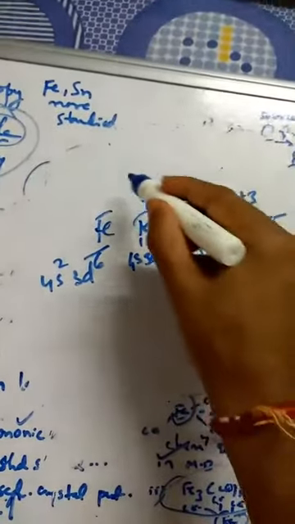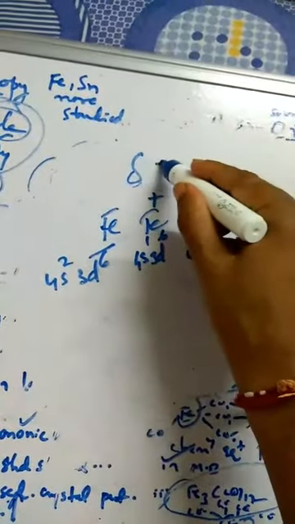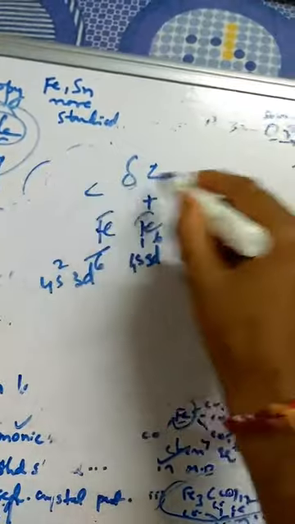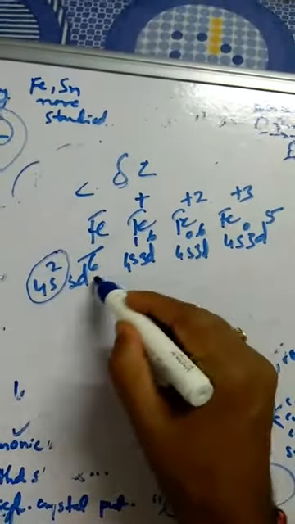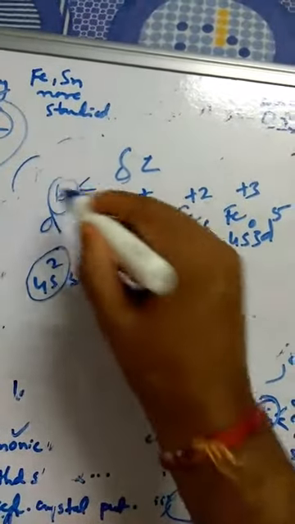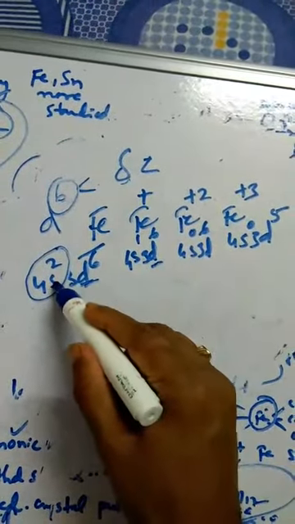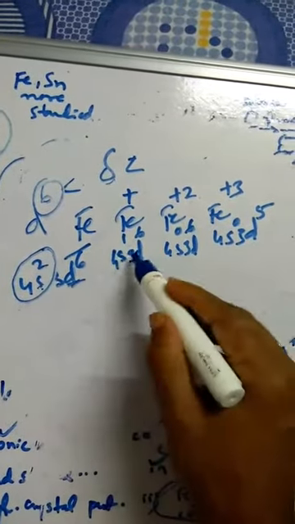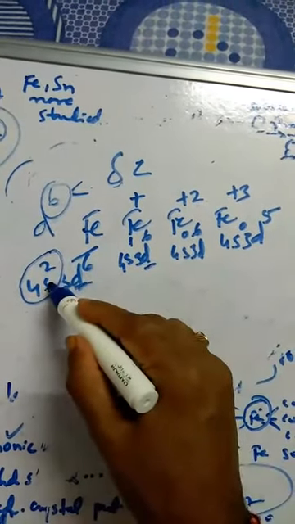Now if I want to go for the order of this isomer shift, order means either lesser or greater, how can we do it? For Fe and Fe+, you can see both have 6 electrons in the d orbital. So only the s orbital matters: here there are 2 electrons and here there is 1 electron. So the electron density in the s orbital is more here.